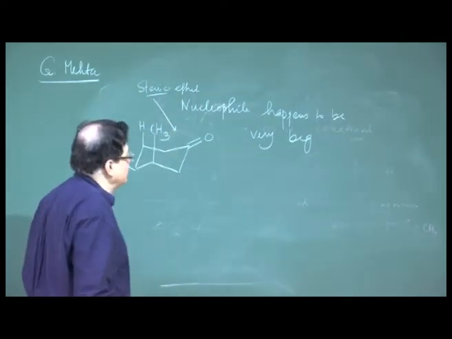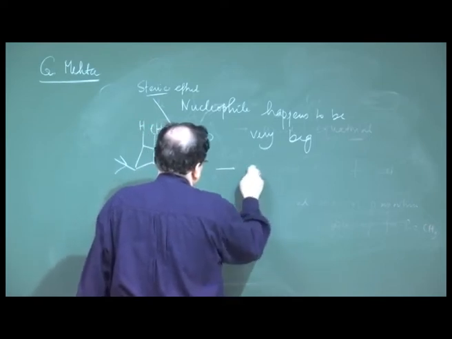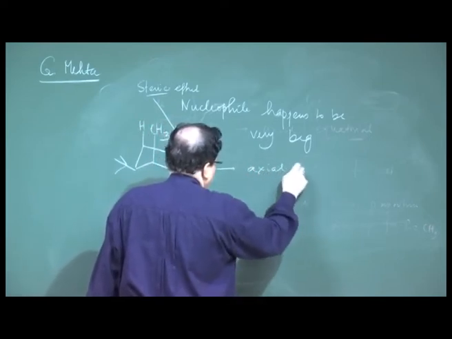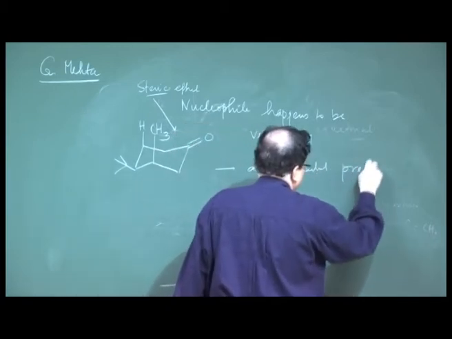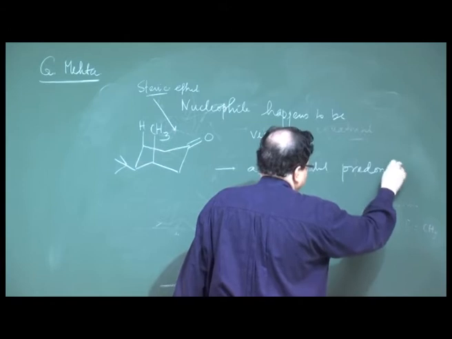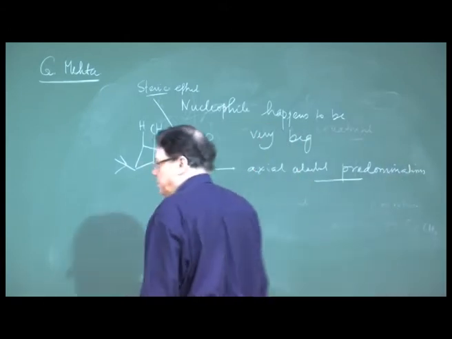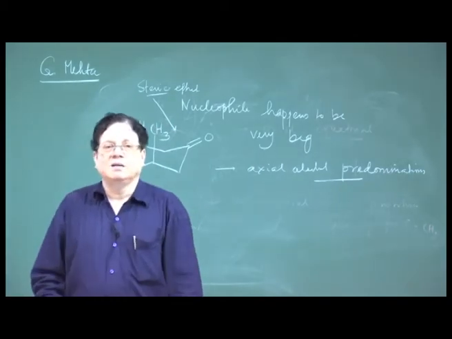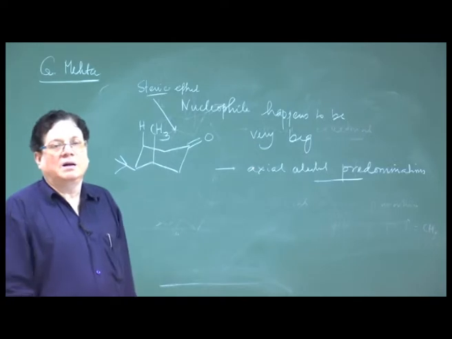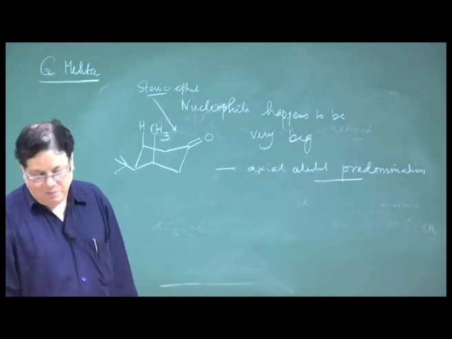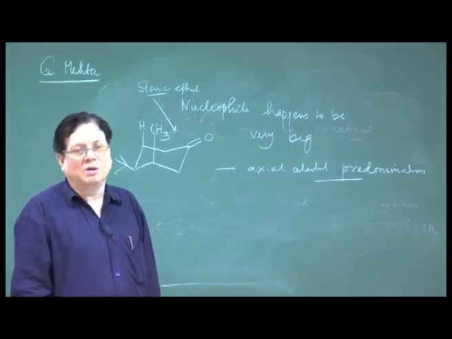So, in those cases what happens? It is always the axial alcohol that predominates. Keep that in mind. For simple nucleophiles like borohydride, or simple alkyl lithiums like methyl lithium, the smallest alkyl lithium, what I said about the Cyclic model, the predominant formation of the equatorial alcohol, stays.